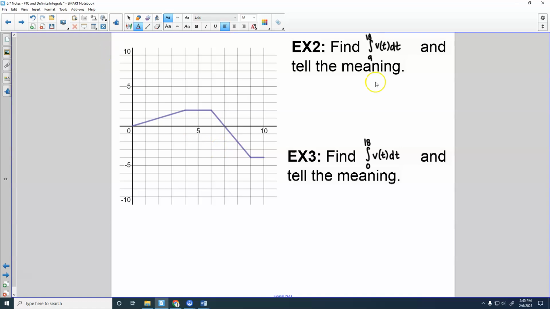So it should be 7 to 10. So this on the bottom should be a 7, and this should be a 10. And then this one right here should be 0 to 10.